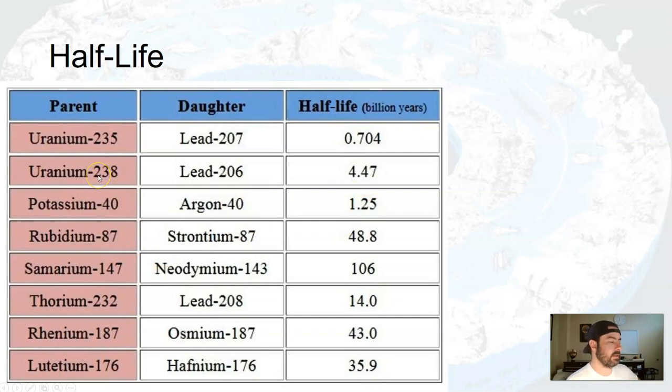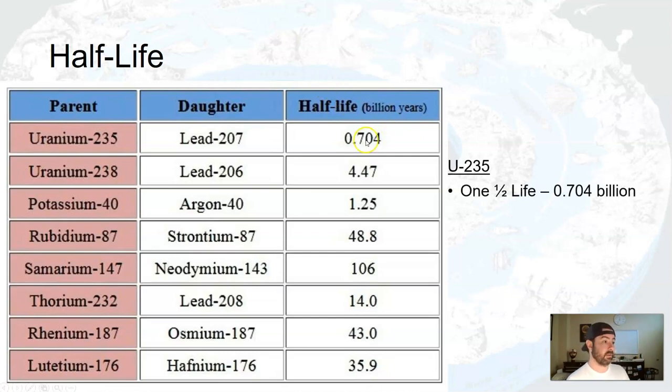For U-238, the time for half of the original parent U-238 to decay to stable daughter lead isotopes is 4.47 billion years. As a little example, let's look at U-235 decaying to lead-207. The time for half of that parent material to decay to the stable lead takes 0.704 billion years, or 704 million years.